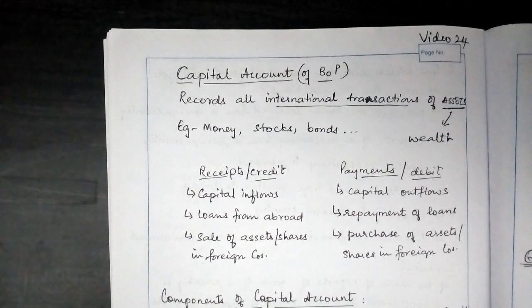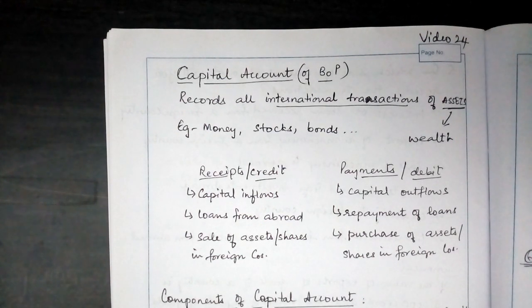Under balance of payments, we learnt in video number 23 about one of the accounts of balance of payments, the current account, which records trade in goods and services and transfer payments.